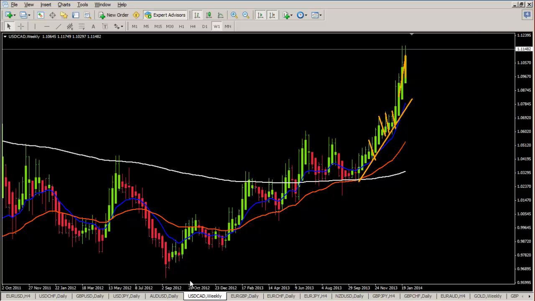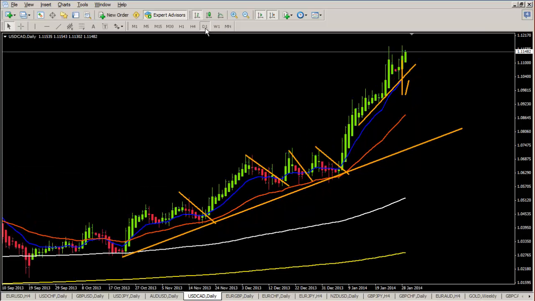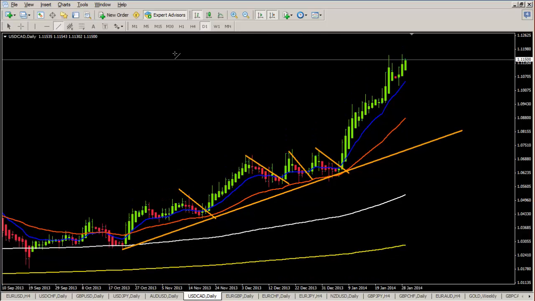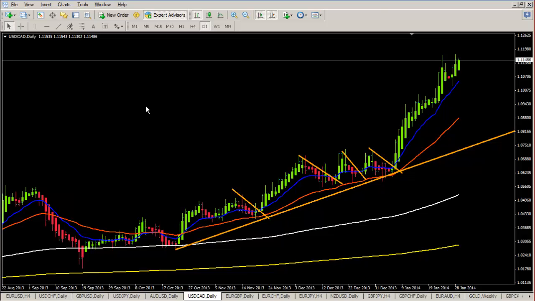USD CAD is still long. All traders should be happy here. Look at this. This might happen at some point or here, but for now it still looks very, very powerful, and everything's just pointing up.